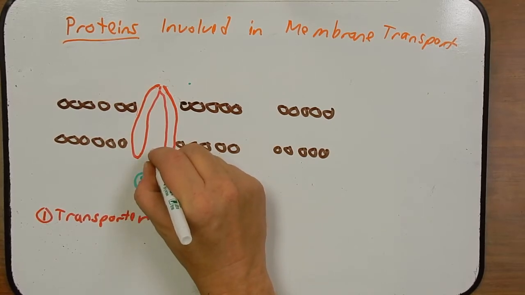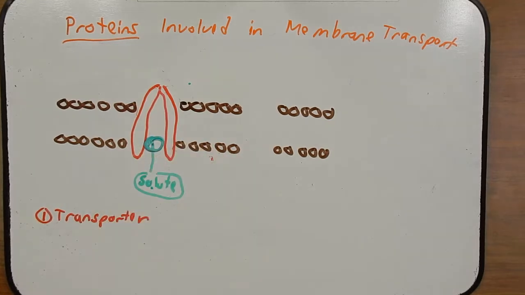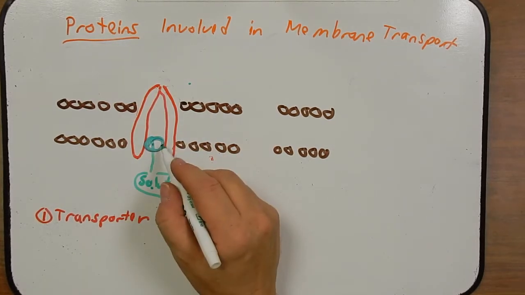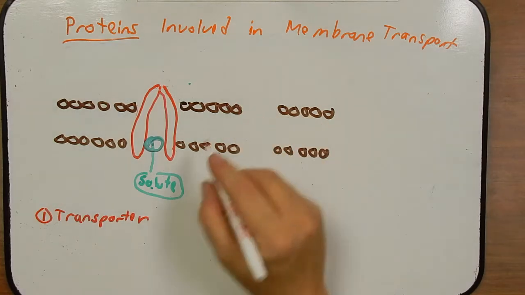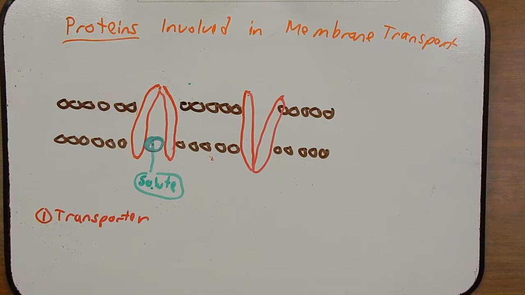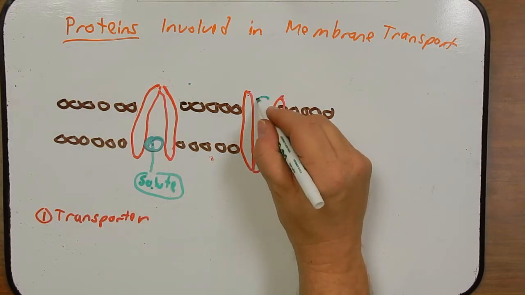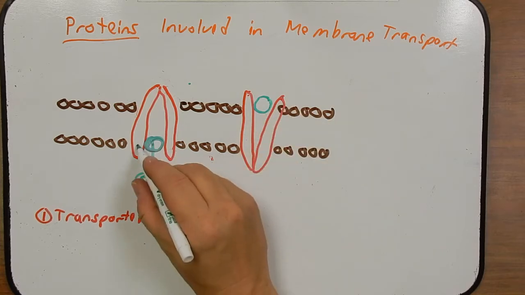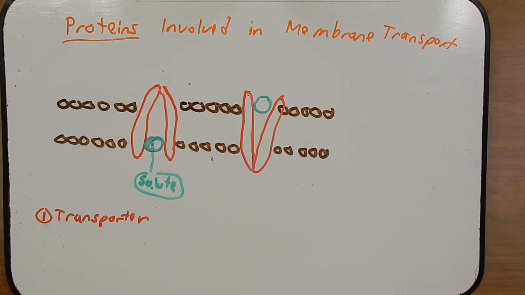It binds here into an active site, or a protein binding site. It causes a conformational change of this transport protein, causing this end to open up now. And now that solute that was on this side here will now move towards this side because of that conformational change of these proteins that forces it across the other side.